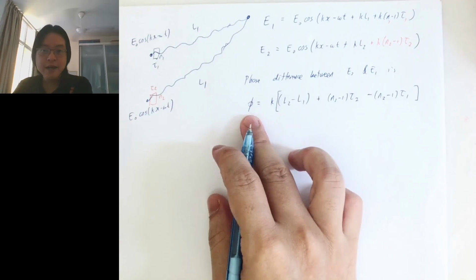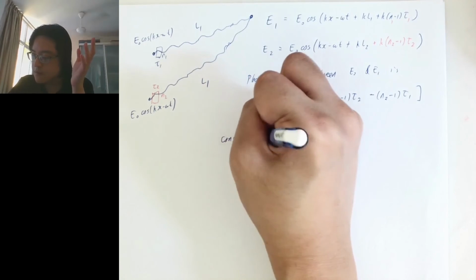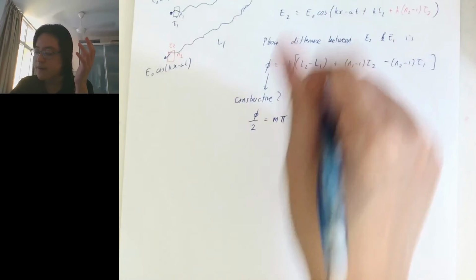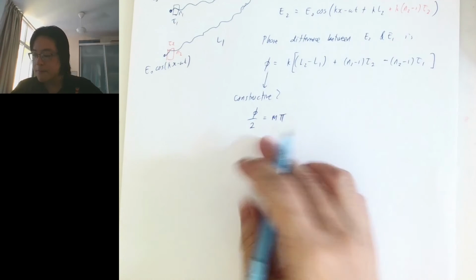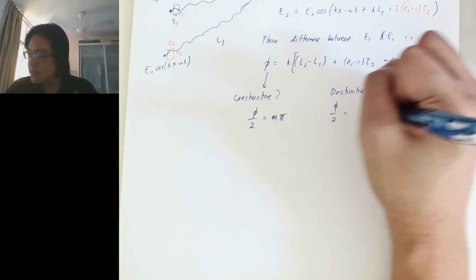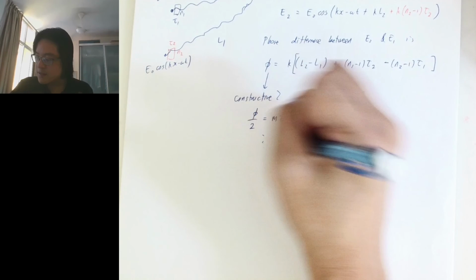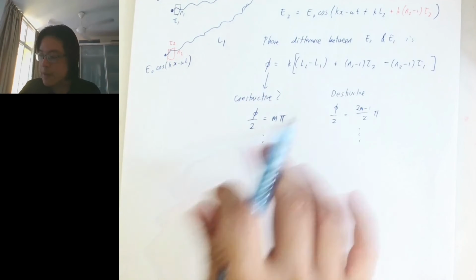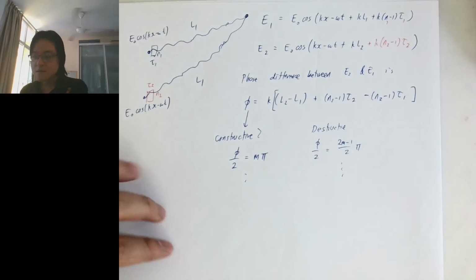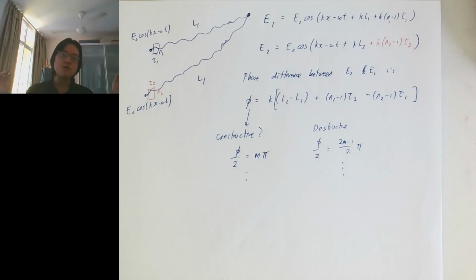Once I find the phase difference, I can find the constructive and destructive interference. For constructive interference, the phase difference is m pi, and for destructive it is an odd number times pi, and then you just calculate the general formula. It depends on the phase difference, but once you have found it, it should be straightforward to get the constructive interference. So this one is no problem.